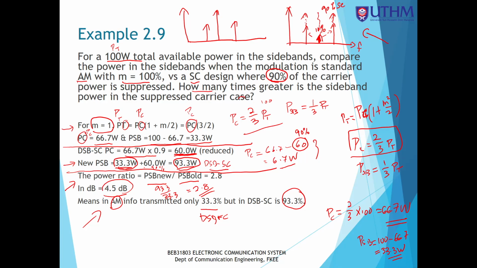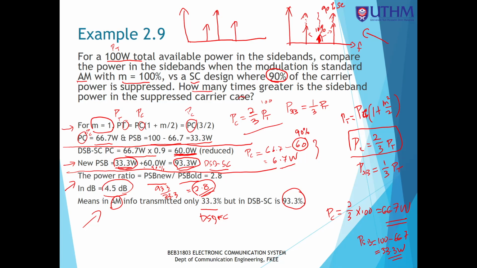The new sideband is 93.3, which has been increased from the carrier suppression, and we divide by power sideband old, which is from the full carrier, 33.3. So 93.3 divided by 33.3, we get around 2.8. If we express it in decibels, 10 log 2.8, we get 4.5 decibel.